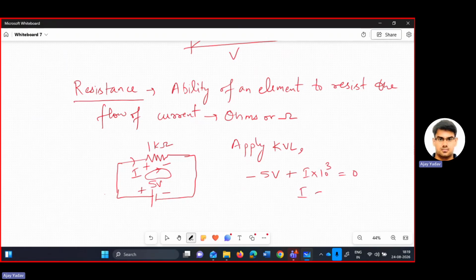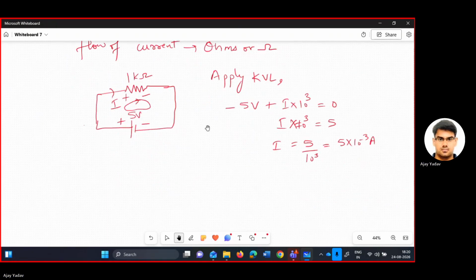And I will be what? I into 10 raised to power 3 is equal to 5, and 5 divided by 10 raised to power 3 is 5 into 10 raised to power minus 3 ampere. So when you solve this, I is 5 milliampere. Okay. So this is according to Kirchhoff voltage law.